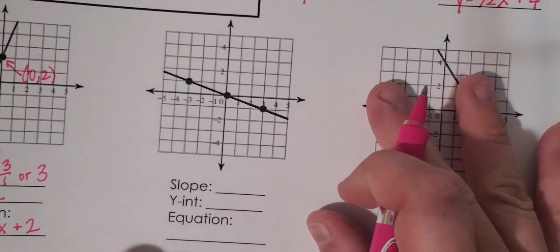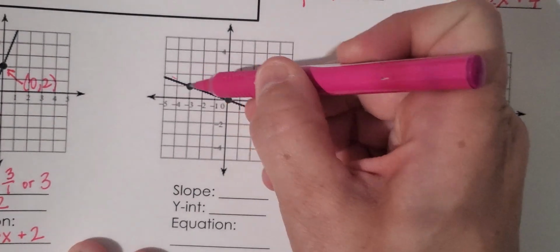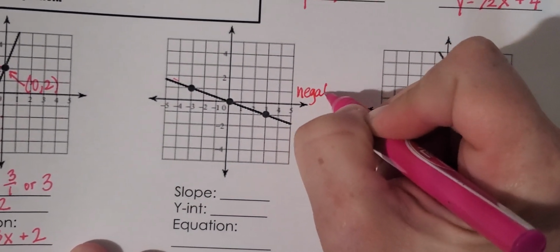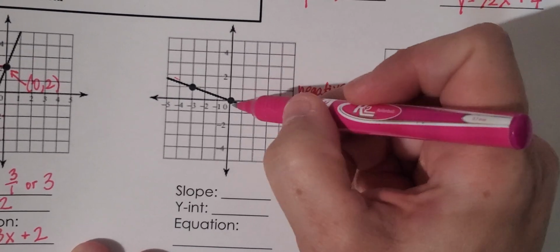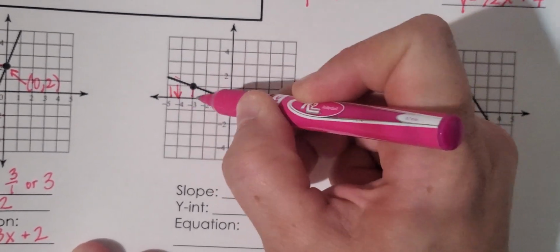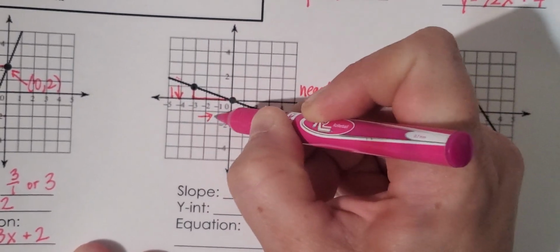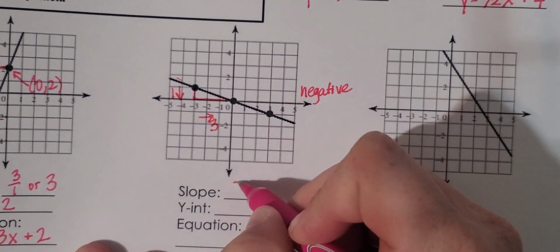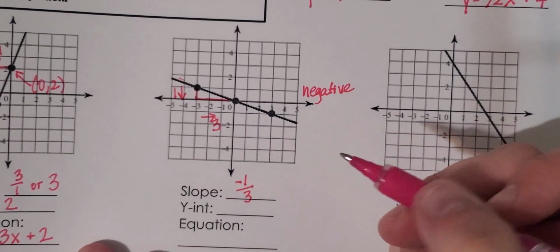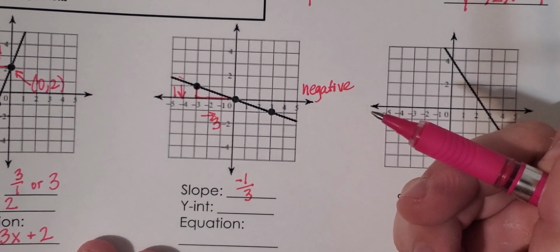My next example, I have a decreasing graph, so I know that my answer is going to be negative. My slope is going to be negative. So from one point to another point, I'm going to go down 1 and then to the right 3. So when I went down 1, that would be negative 1, and then to the right 3 would be a positive 3.